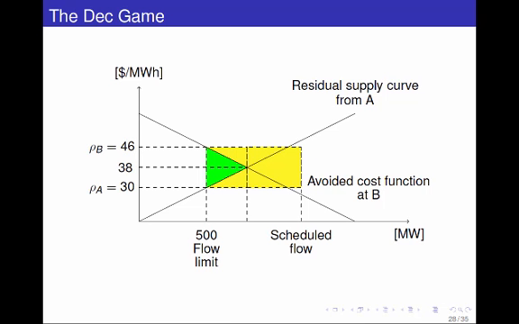And then what will happen in the second round? You can submit reasonably cheap dec bids for backing off that original quantity, and you will get paid the dec bids. So basically this is what I'm showing here.